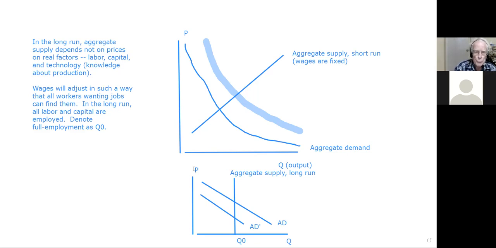And then in the long run, workers will offer to work at lower wages rather than being unemployed. The lower wages are pulling down the price level.